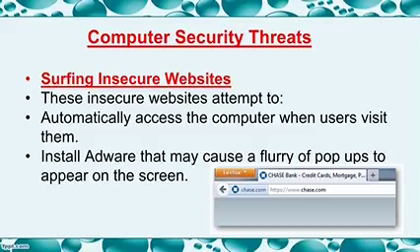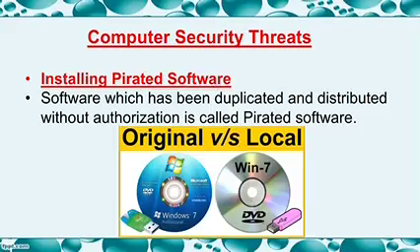These insecure websites attempt to automatically access the computer when users visit them, and install adware that may cause a flurry of pop-ups to appear on the screen. This is the third factor.